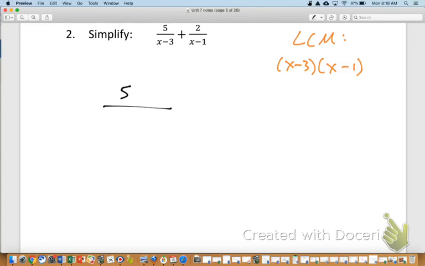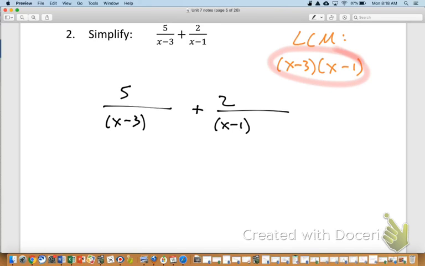The current fraction is 5 over x minus 3 plus 2 over x minus 1. So, if this is my least common multiple over here, what would I need to do to the first fraction to get that least common multiple for my denominator? Say again? You can't see it? Oh, I froze it. Sorry about that. There it is.